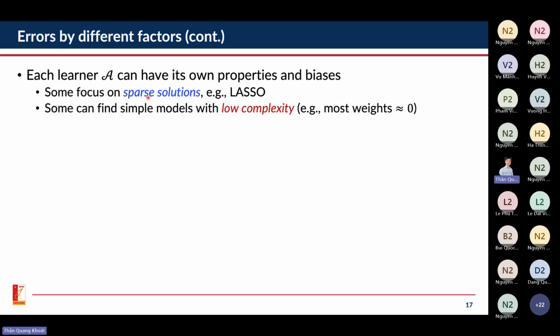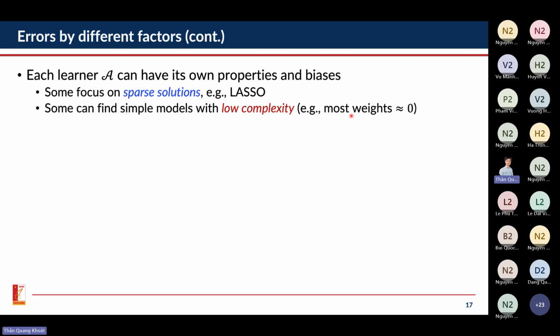So this means that in practice, each learner can have some bias, right? Some specific preference. It can produce a trained model with some special property, right? This is just one example. But sometimes you can use other learners that can produce a model with low complexity. For example, in your model, most weights are small, right?